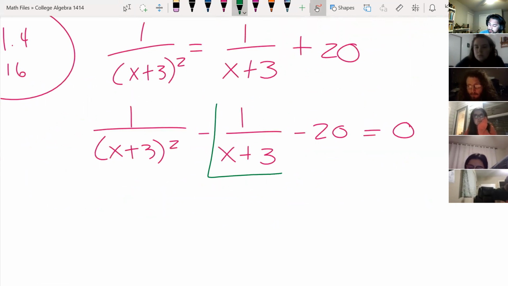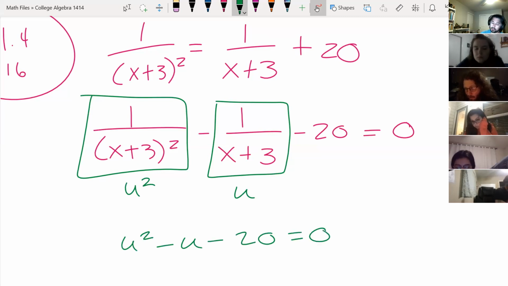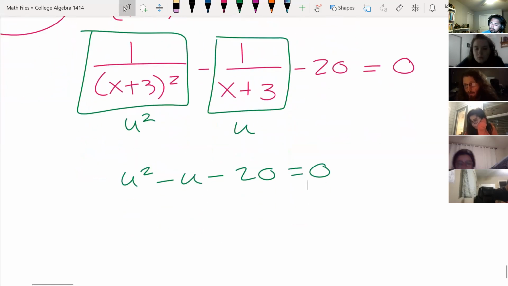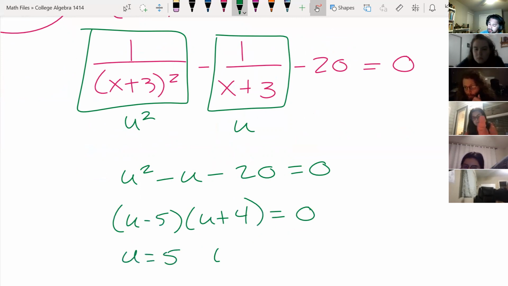So u is going to cover this whole fraction, which means u squared will cover that one, which means we get u squared minus u minus 20 equal to 0. Factor: u minus 5, u plus 4 equal to 0. Good. Then u would be 5, u would be negative 4, and all we have to do is bring back what u was.